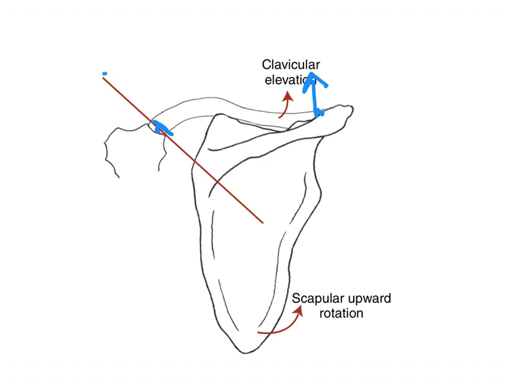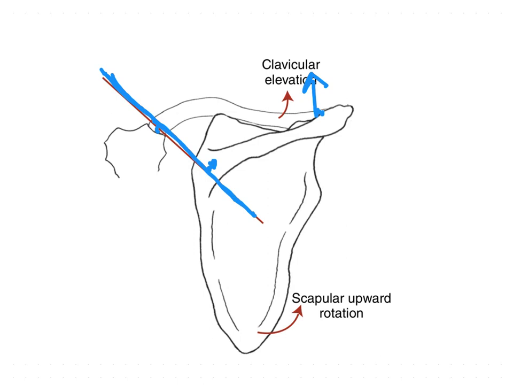A line is drawn from the center of the sternoclavicular joint to the root of the spinous process of the scapula. This forms the axis of rotation for the scapulothoracic joint.